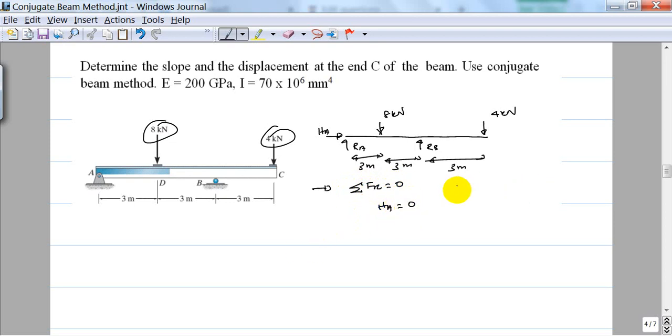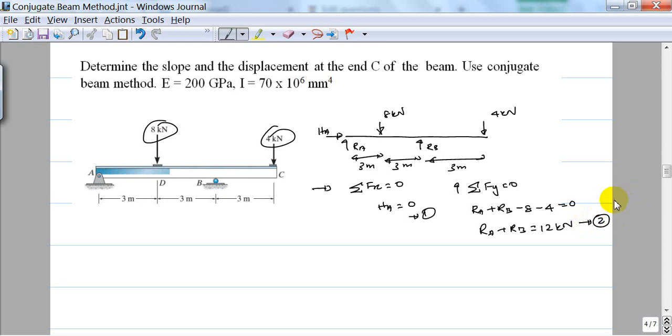Then if I take the equilibrium of all the vertical forces, sum of Fy is 0, which gives RA plus RB minus 8 minus 4 is equal to 0. So RA plus RB is equal to 12 kilonewton.